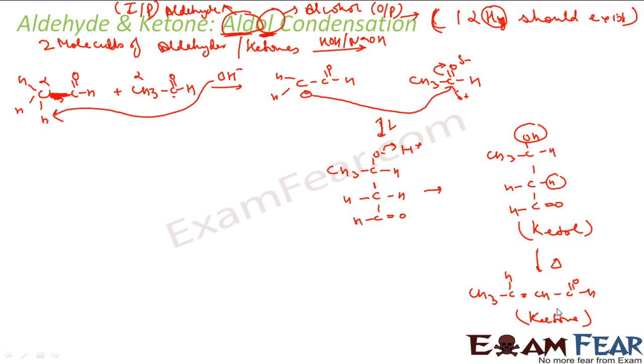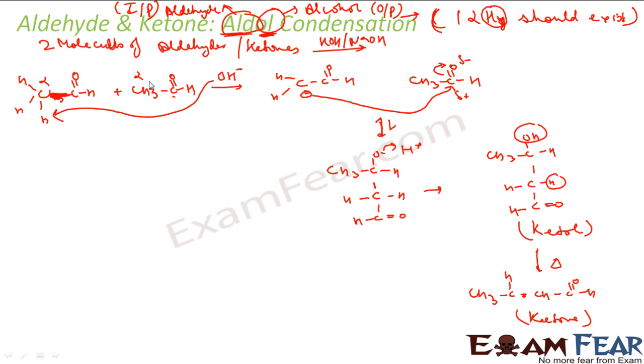So this is the typical reaction mechanism for aldol condensation, right? So here for aldol condensation, we'll take the same compound twice. If you want different compounds, let's suppose one aldehyde, one ketone, you go for cross aldol condensation. We'll talk about that. For aldol condensation, we take the same, maybe here I took aldehydes, I can take ketone also.